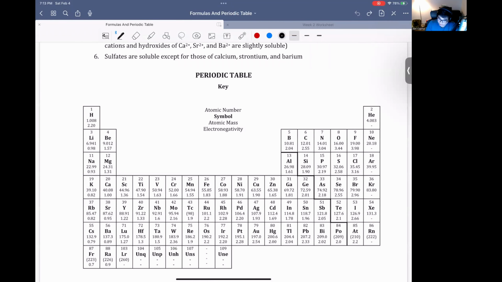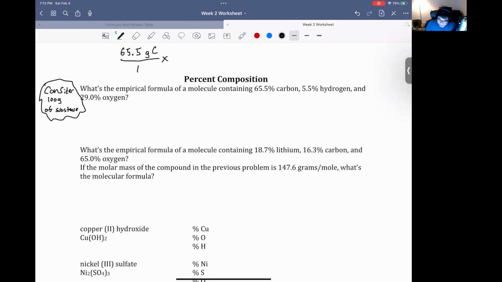Carbon has a molar mass of 12.01 grams of carbon for 1 mole of carbon. Then we get 65.5 divided by 12.01, and we end up getting 5.45 moles of carbon.